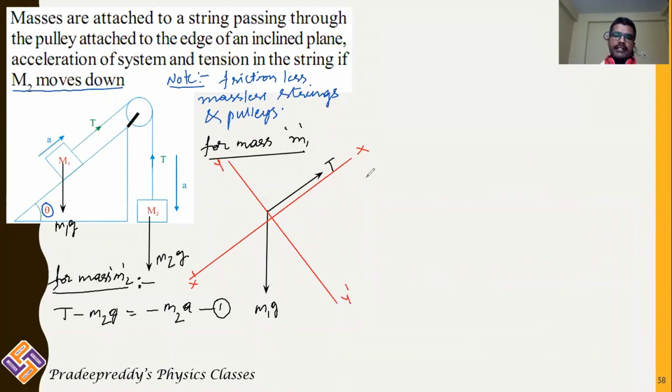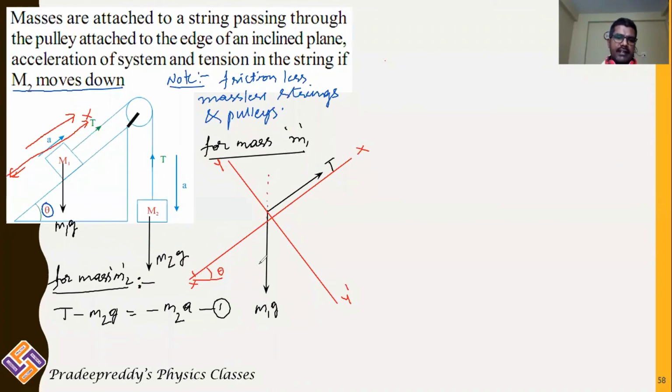Why am I taking this as the xy plane? Always remember, the direction in which mass m1 is moving, it is better to take that as the axis of reference. As m1 is moving in this direction along the plane, I am considering this as the x-axis, and perpendicular to that I am considering the y-axis. So m1g, you can resolve it into components, because we already know this angle is given as theta.